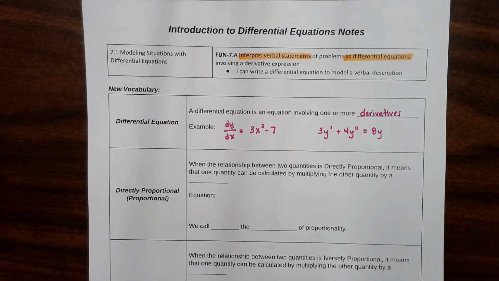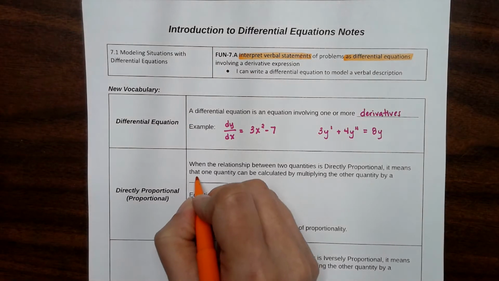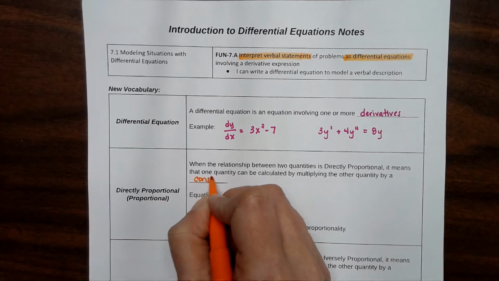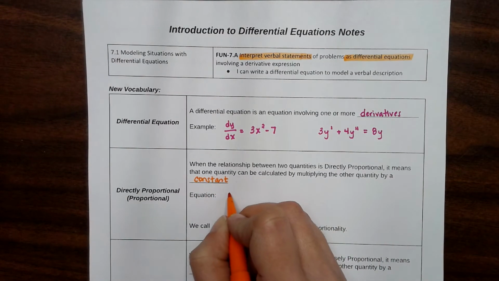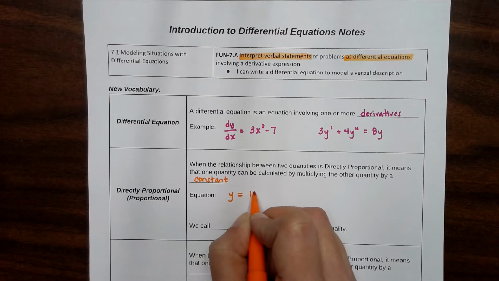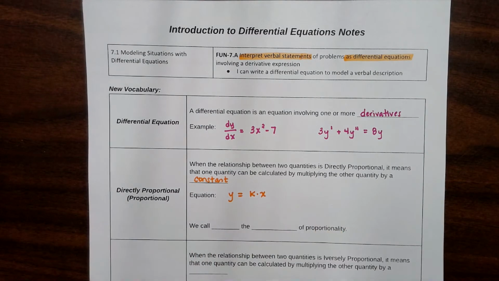The word directly proportional. So when the relationship between two quantities is directly proportional, it means that one quantity can be calculated by multiplying the other quantity by a constant. An example would be like this: y equals k times x.